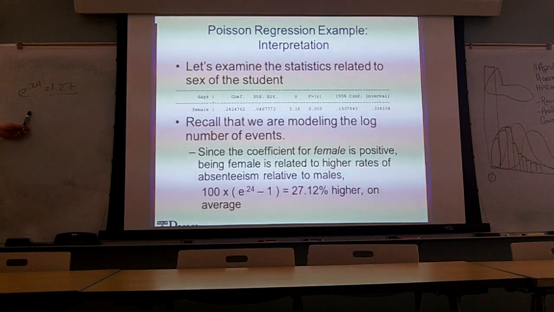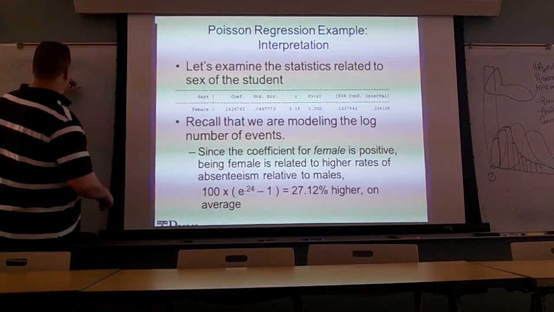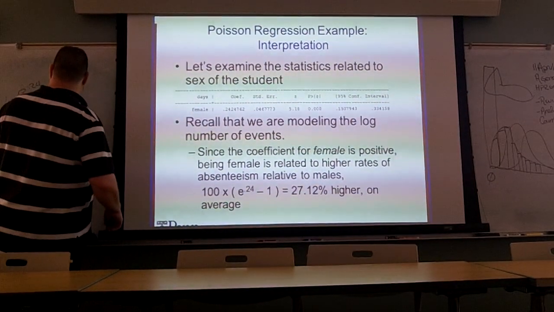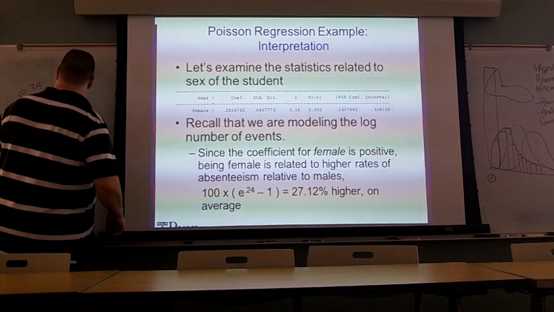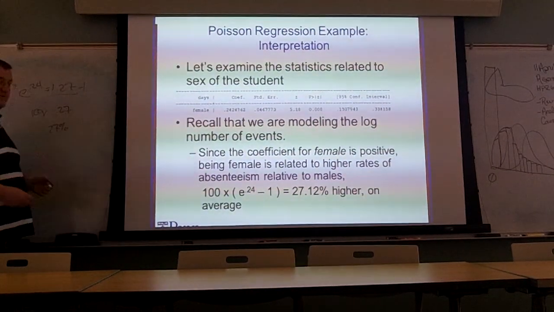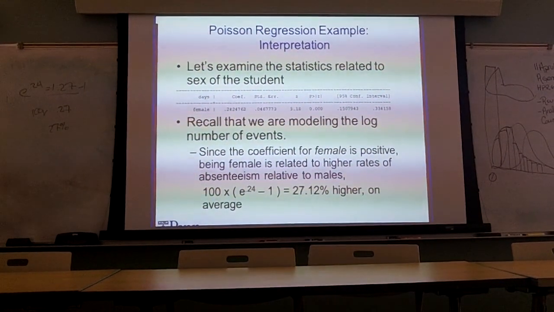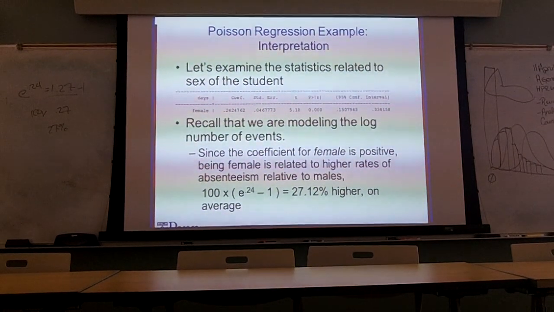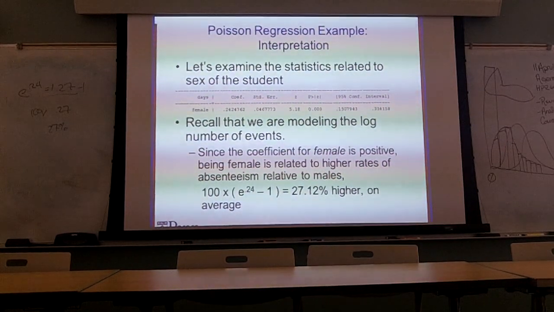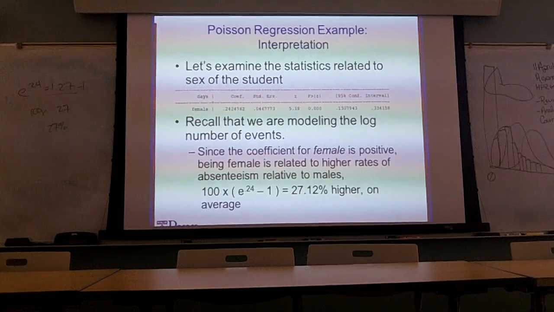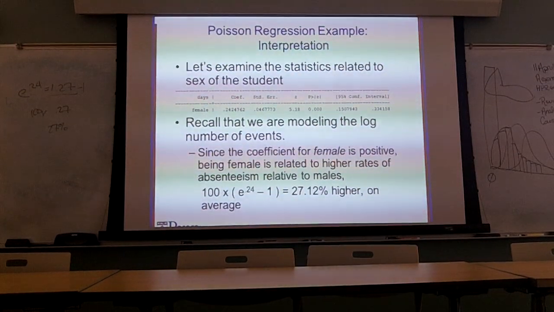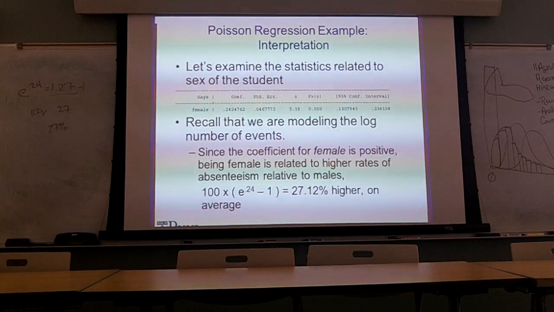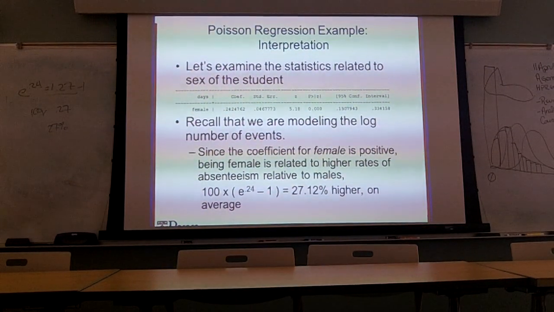Or we can subtract 1 to get 0.27, multiplied by 100, to say that females miss on average about 27% more days as compared to males. It's the same exact thing that we did for our odds ratios, except these aren't odds ratios now, these are rates, the number of days missed here.